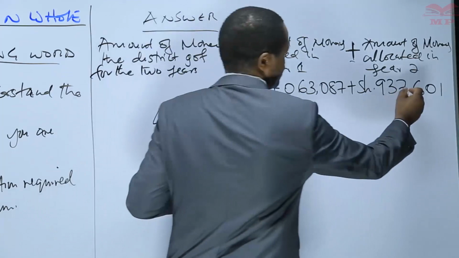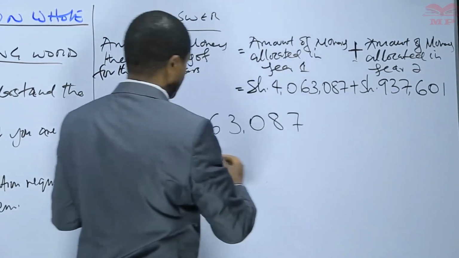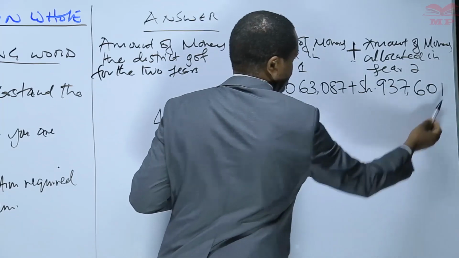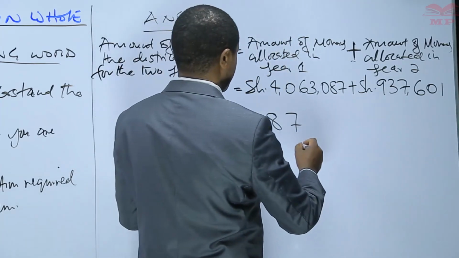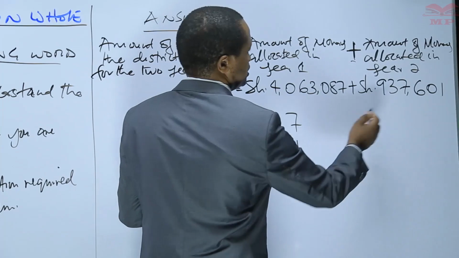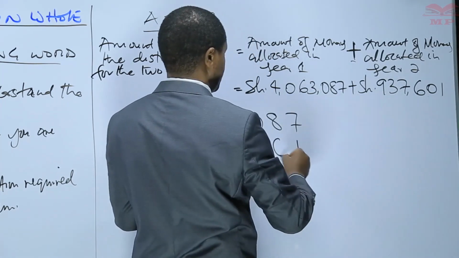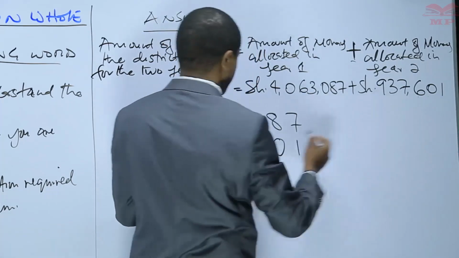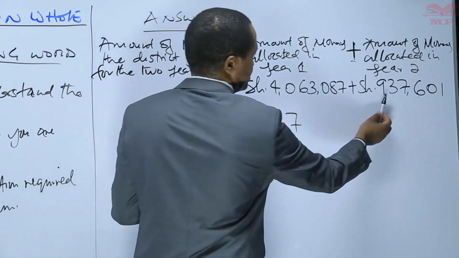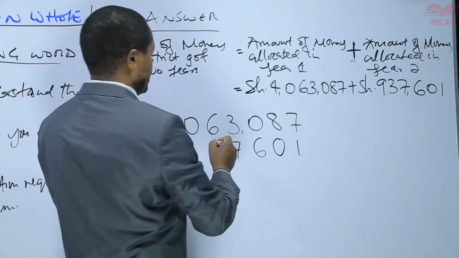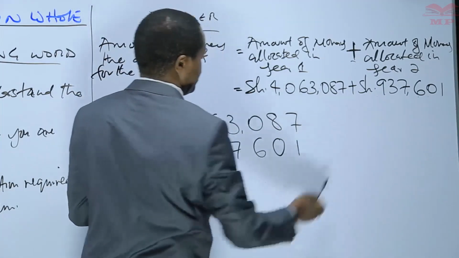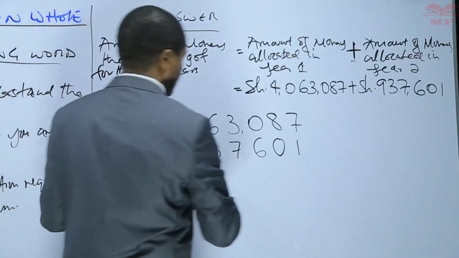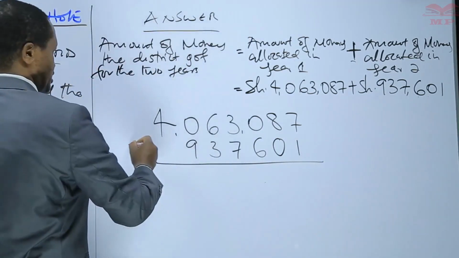Then we align the other number. This 1 is in the place value of ones. 0 is the place value of tens. 6 in the place value of hundreds. 7 the place value of thousands. 3 is the place value of 10,000s. And 9 is the place value of 100,000. So these are the numbers which we now add.